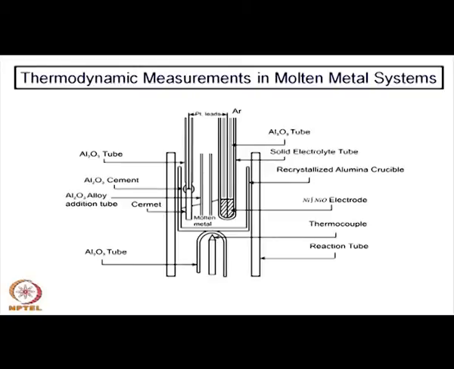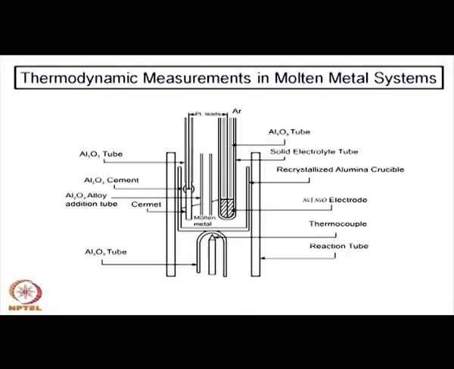Many of the metals do have some dissolved oxygen, or sometimes there are oxides present in the metal. So, there is an oxygen potential, it may be large, it may be small, but measurement of oxygen concentration in molten metals or molten alloys is also of very great interest.